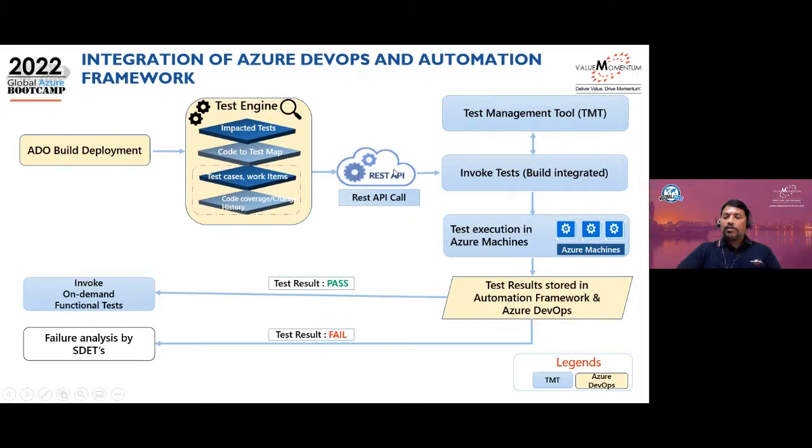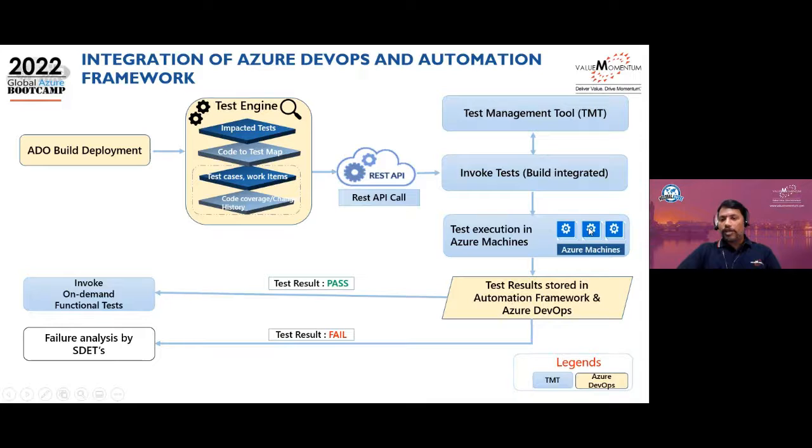the test suite will be invoked to run or to be executed, and that can be done using any test management tool like ALM. Inbuilt tools will also be there. So from there, using a REST API call, it will be triggered, and then the execution happens in Azure machines.